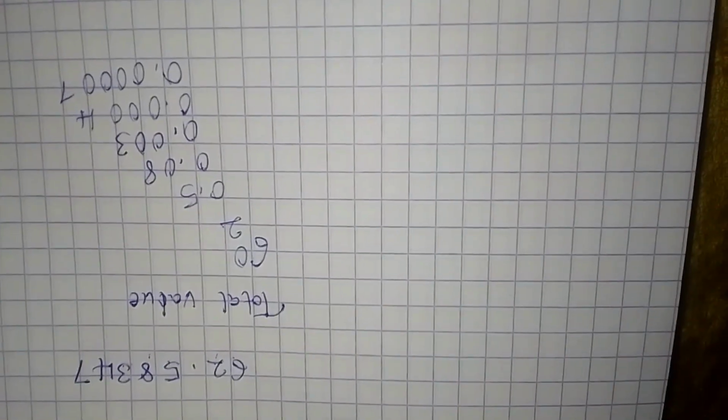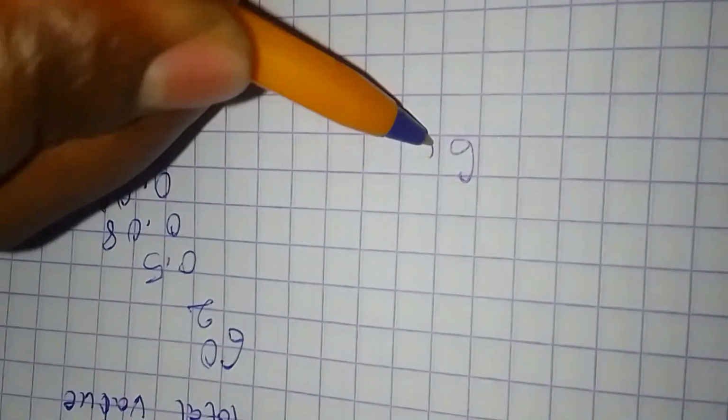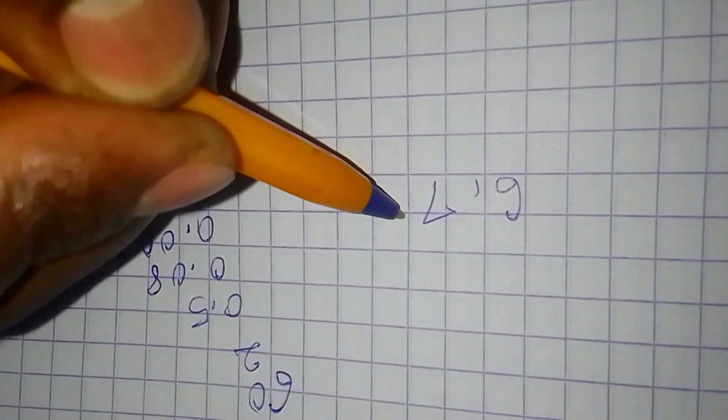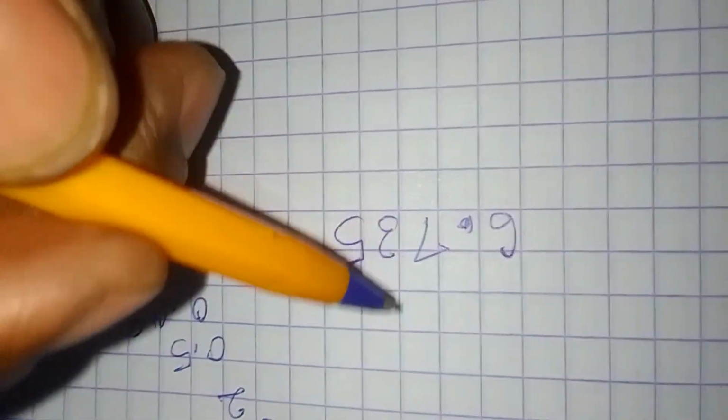As easy as that. The other part, you can be asked to multiply decimals by a whole number. For example, you can have a decimal such as 6.735. Then you are asked to multiply it by 10.